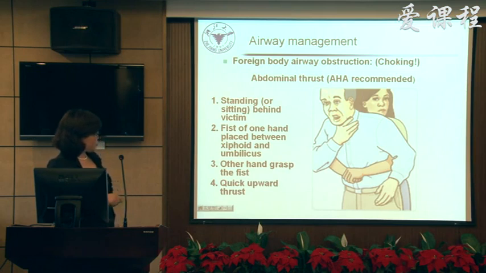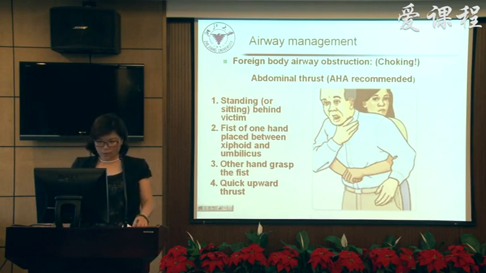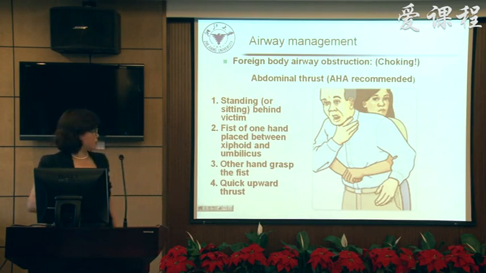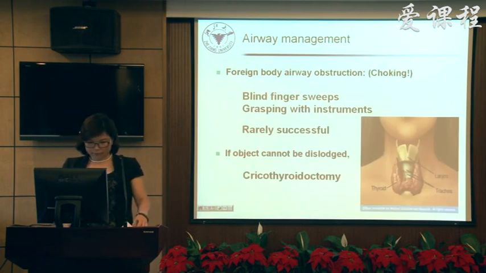This is AHA recommended. Usually the layperson or the professional stands behind the victim, places one hand between the xiphoid and umbilicus, and grasps it with the other hand in a fist. Then give a quick upward thrust.